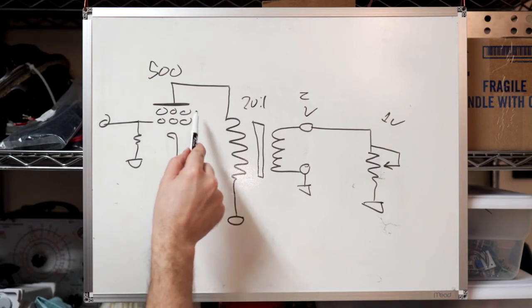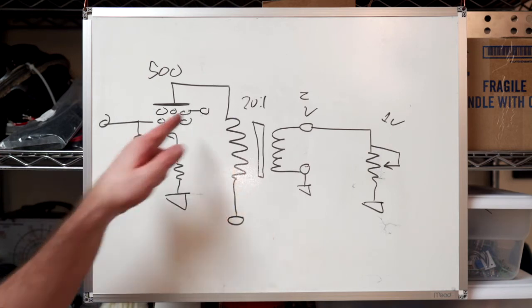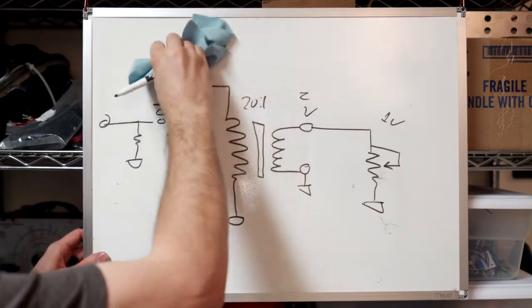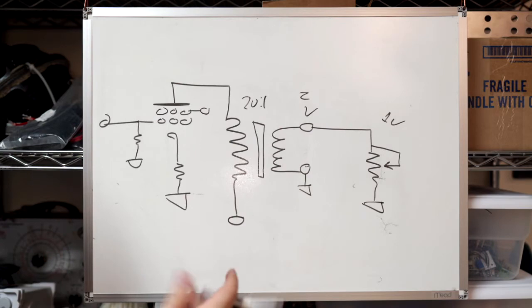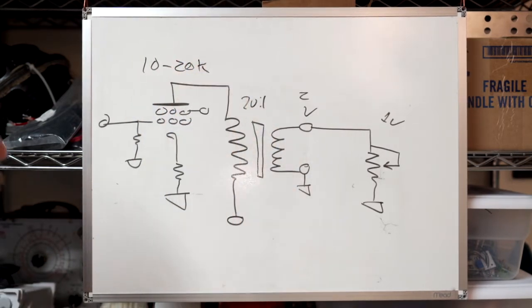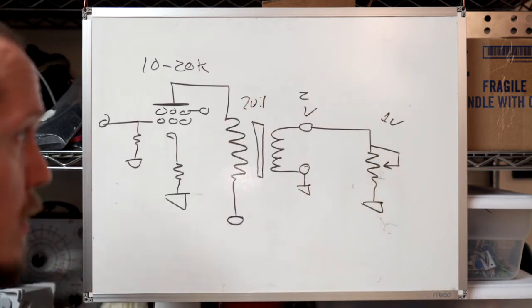And so if you run it in pentode mode, which is you just take this and connect it to some arbitrary voltage right there, the output impedance of your tube goes from a triode 500 ohms up to probably 10 to 20,000 ohms, right? And so that is transformed over here, and instead of getting like a 3 ohm output impedance, you might get something like a 25 ohm output impedance.